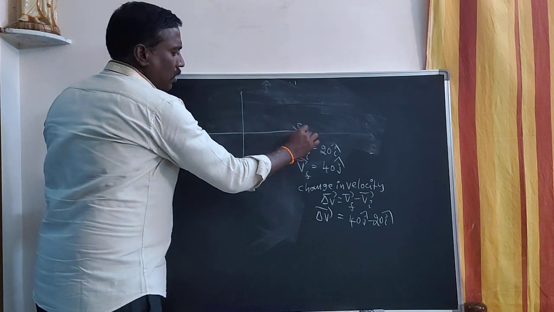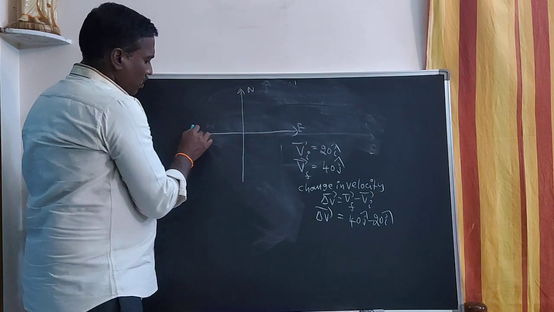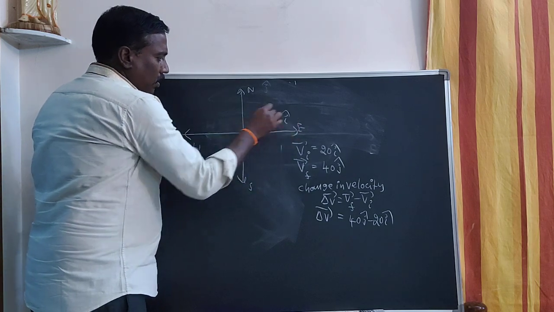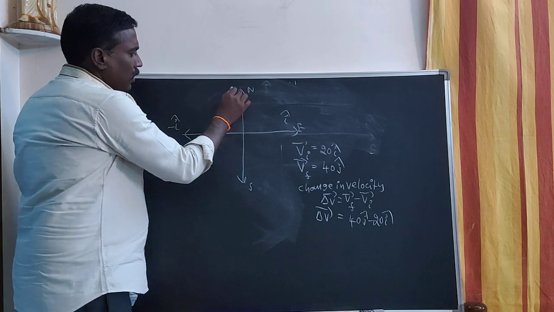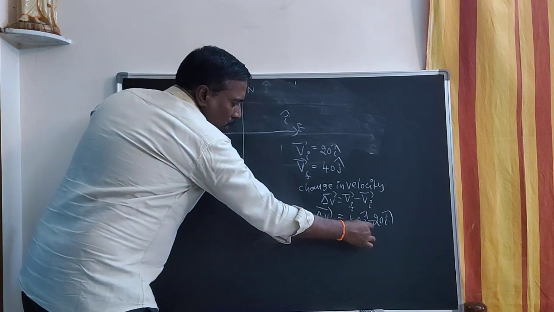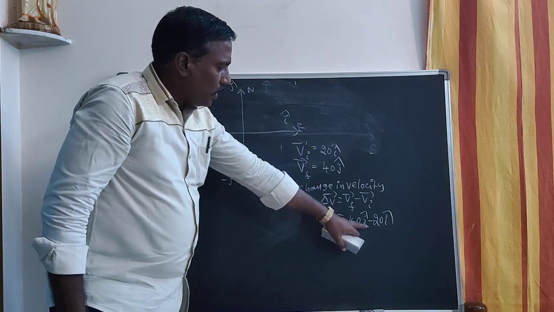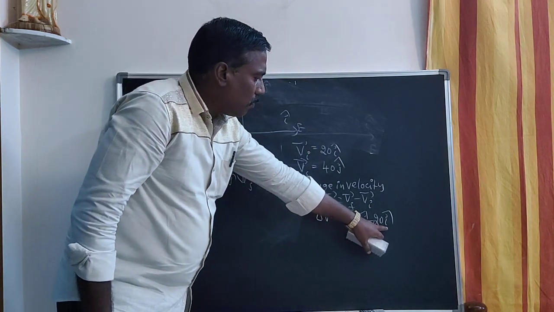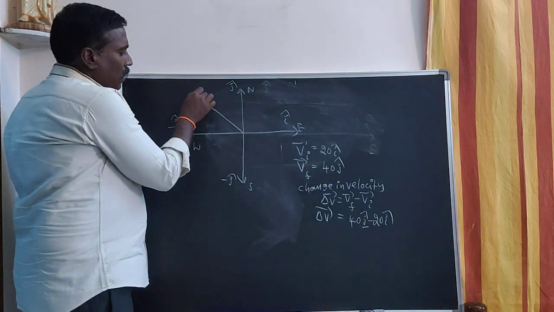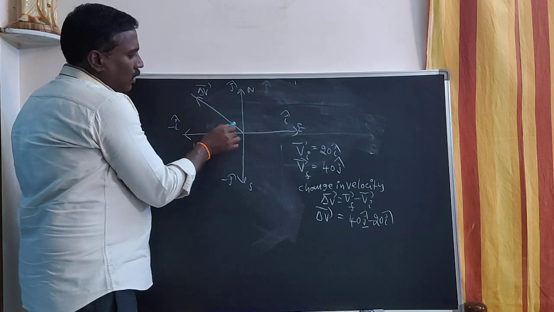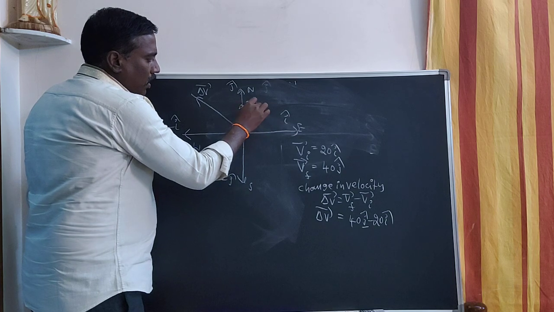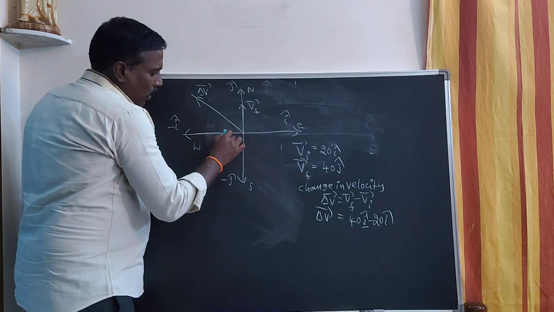This is east, north, west, south. I cap is the unit vector, this is minus I cap, this is j cap, this is minus j cap. The j component is positive, the I component is negative. That means the change in velocity delta V bar is in this direction. This is V final bar, this is V initial bar.